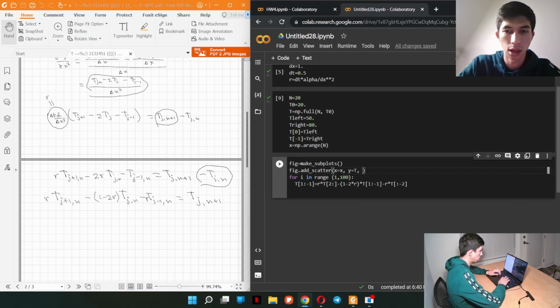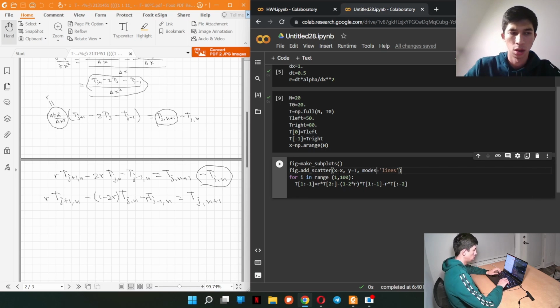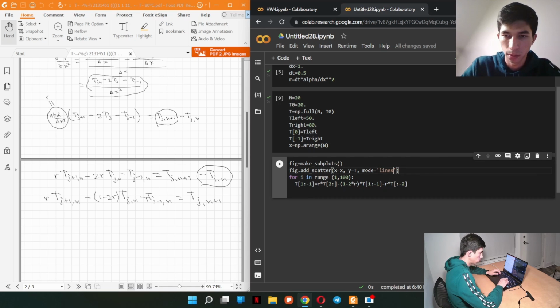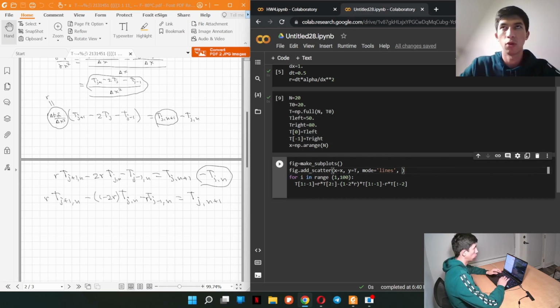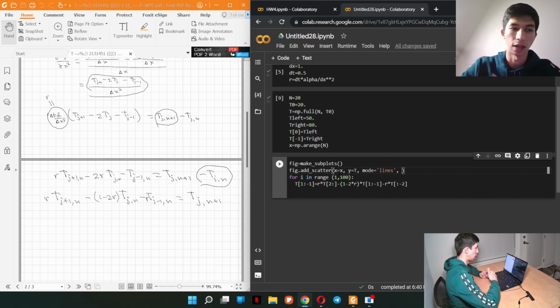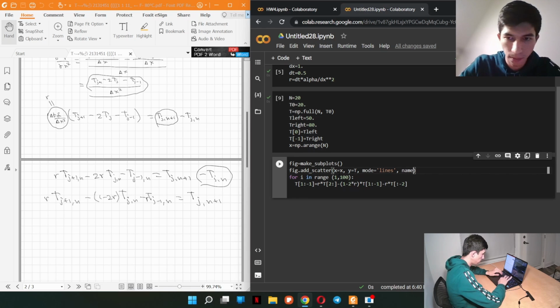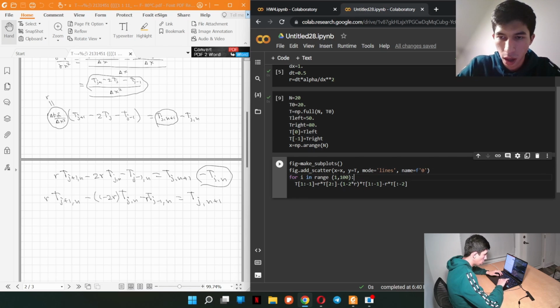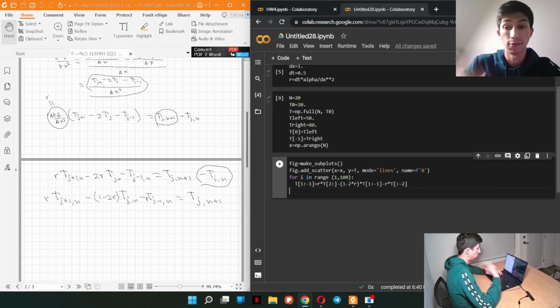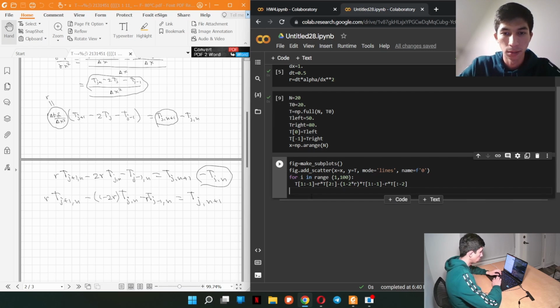And we're going to make the mode as lines. Modes, it's modes. And we're gonna have a legend for that, right? So for the name, that's gonna be the f string of 0, because it's our first, 0 iteration.